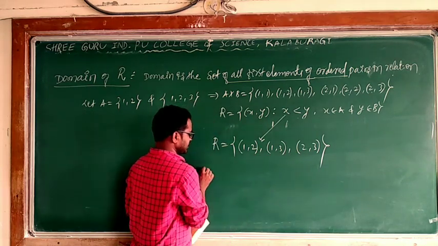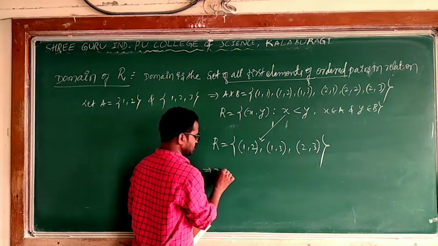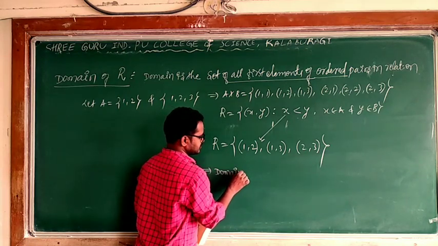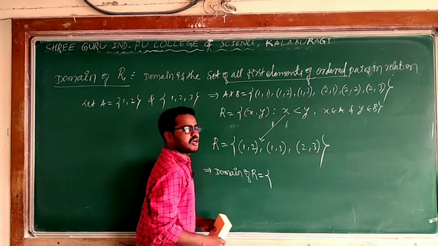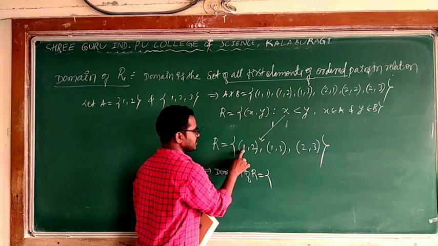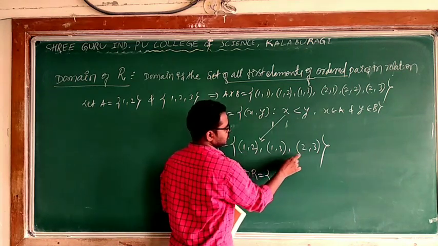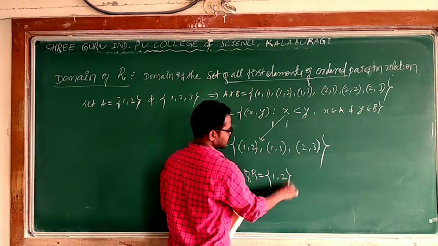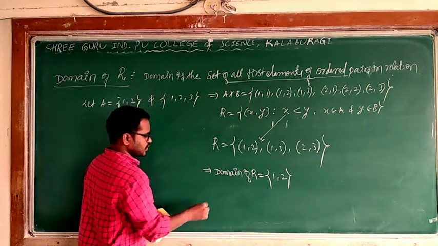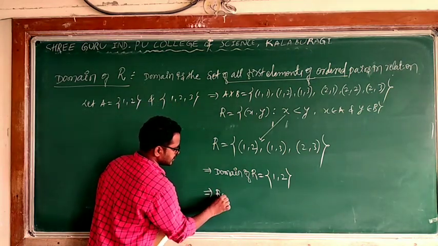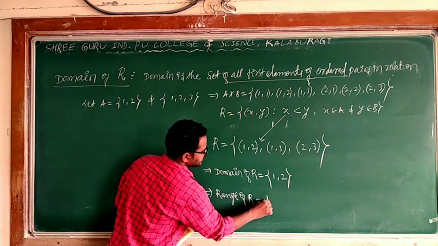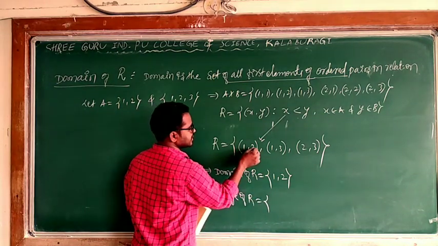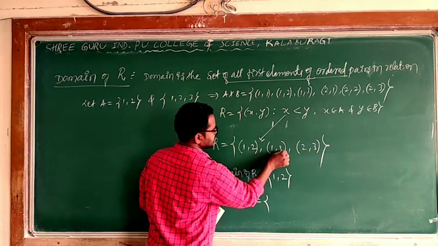It implies, what is the domain? Domain of R is the first elements of the ordered pairs of the relation: 1, 1, 2. So the first element is 1 or 2. What is the range? Range of R is the set of second elements: 2, 3, 3. So the range is {2, 3}.